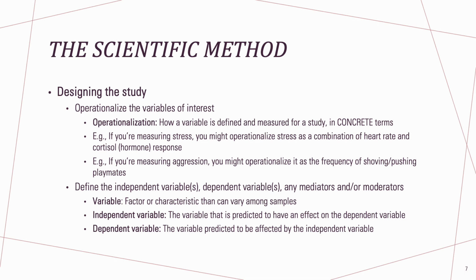And so these measures are really just observable ways of assessing these theoretical constructs that we believe exist in nature. So we have to be able to operationalize the variables or the constructs of interest. So operationalization is how a variable is defined and measured for a study in concrete terms. So the example I have here is if you're measuring stress, it's a really broad theoretical construct, and there's a lot of evidence for it in different ways of conceptualizing it.